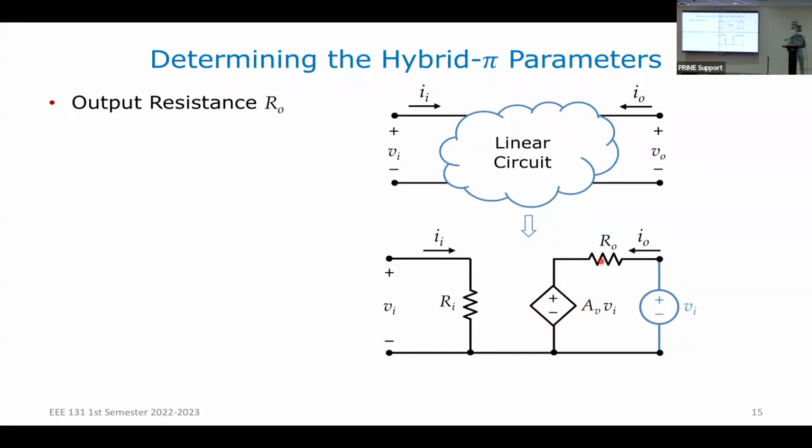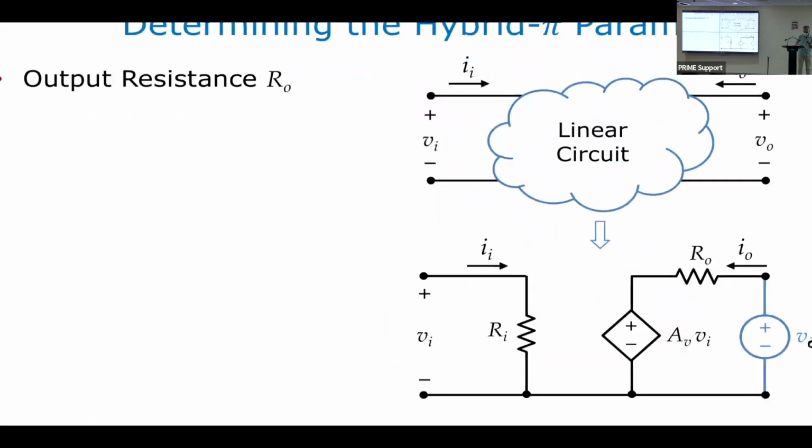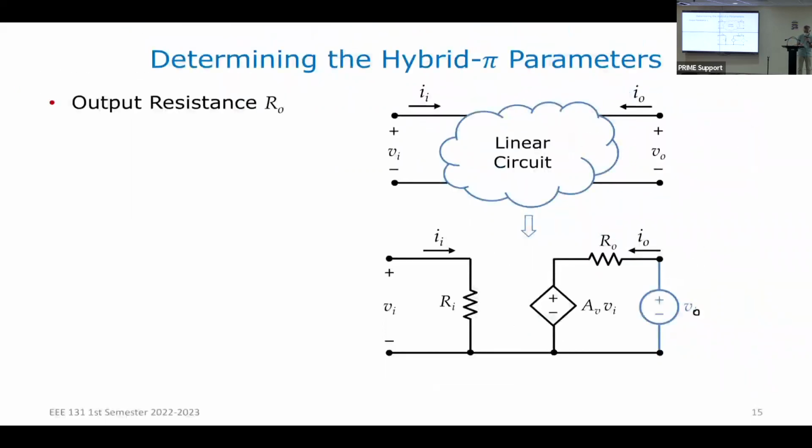Okay, and R sub O is just V sub O over I sub O. Sorry, this should be V O, no? R sub O is just V sub O over I sub O, no? Okay, so if, again, no? If input is left open, okay, then V sub I will be equal to zero.